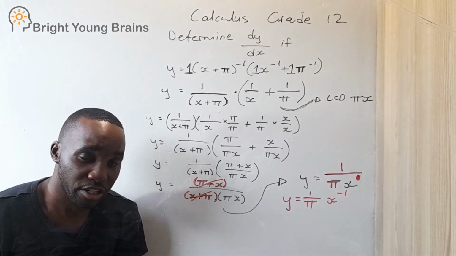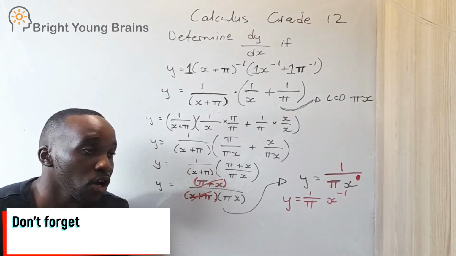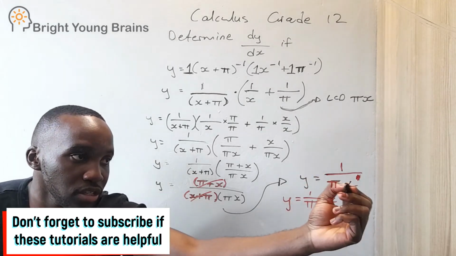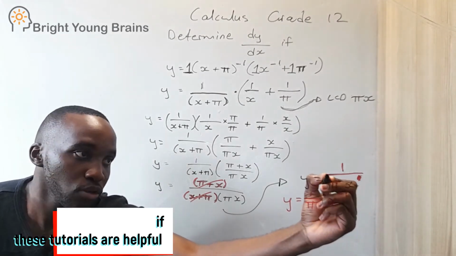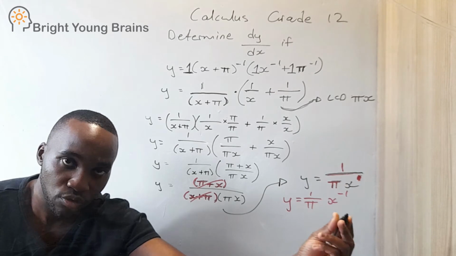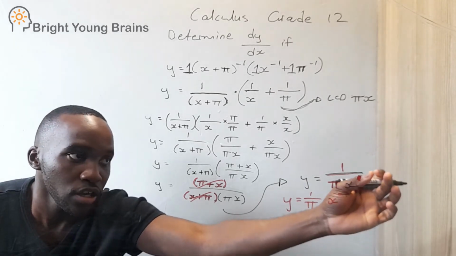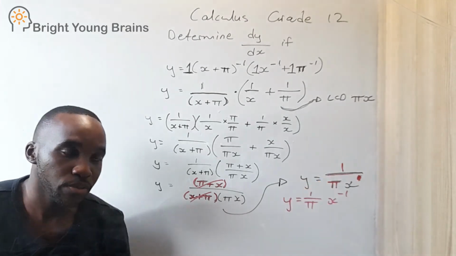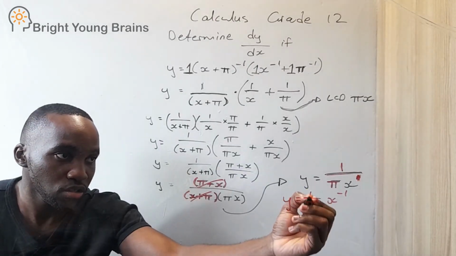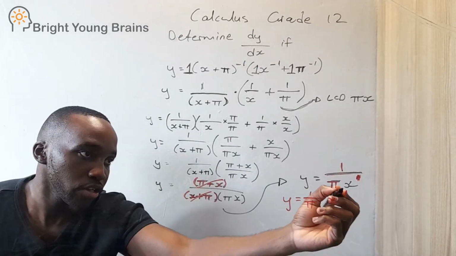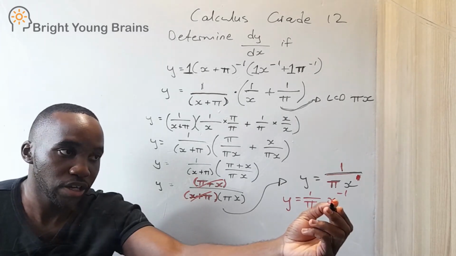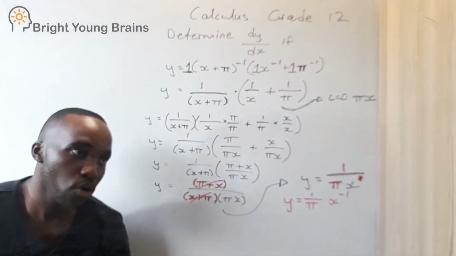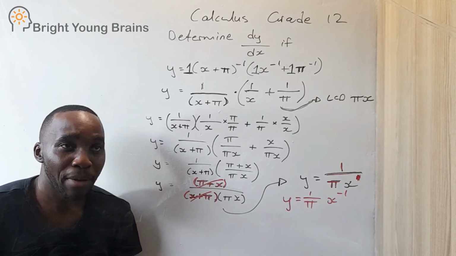Remember, we haven't differentiated, we have just simplified. All we have done is that this x to the power of 1, because it's under the division line, we have to take it out and write it next to our fraction. This over that is our coefficient, x to the power of -1. Here we can clearly see our base and our exponent, which allows us to use the power rule.